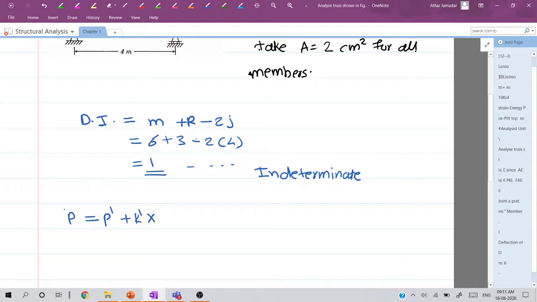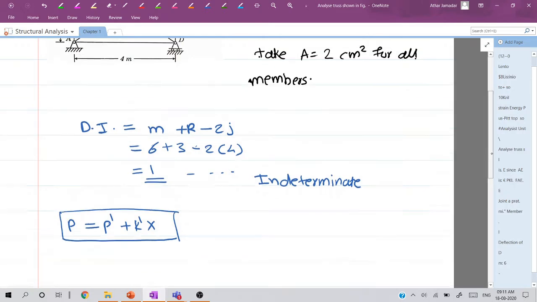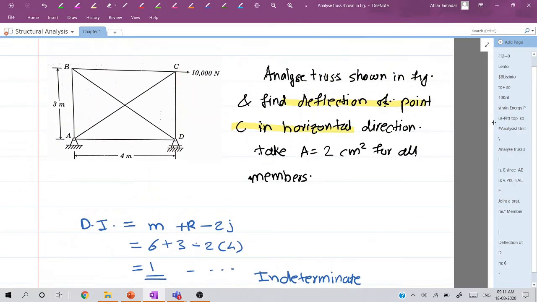But remember, the formula for the final force in a member of an indeterminate truss is P = P' + K'X. Now what is the meaning of P' and K'? Here, if you see, this truss is indeterminate to first degree.